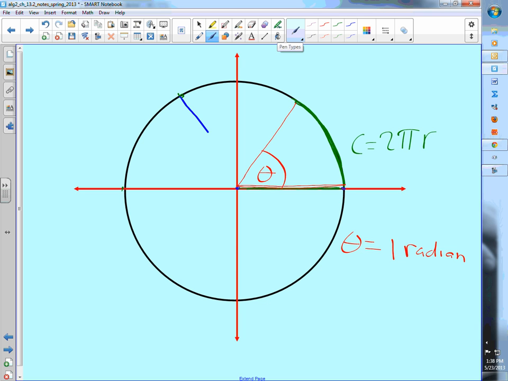The measure of this angle right here in standard position, 2 radians. If we put another radius on here, you'd get somewhere right about here. This angle right here would be 3 radians.